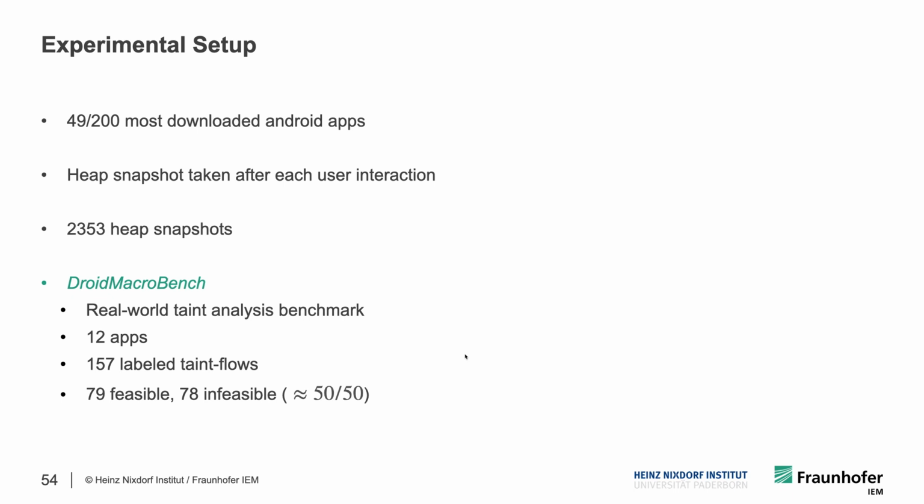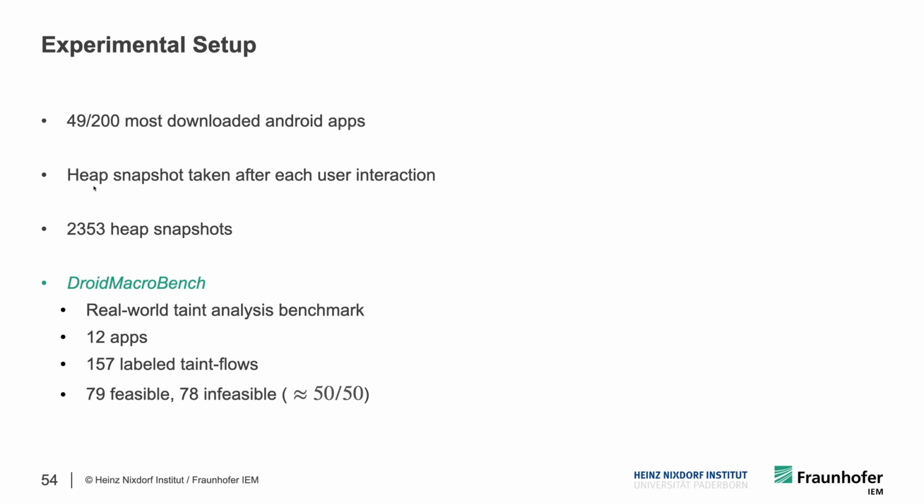And we implemented all of this using Soot and in this case also Flowdroid. And we then basically incorporated these dynamic heaps into the static analysis by having an extended version of the Spark pointer analysis framework. And we then had the following experimental setup. So we first of all searched for the 200 most downloaded Android apps, and we then took a sample of 49 out of them.